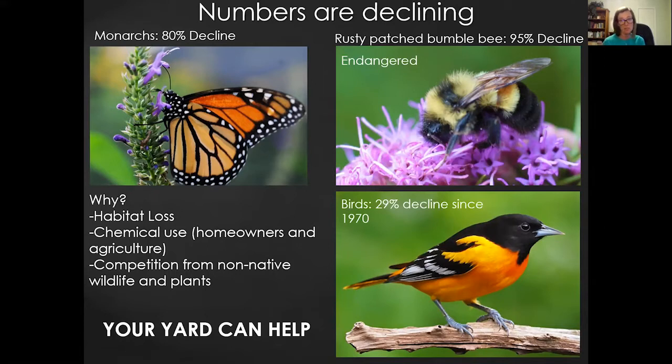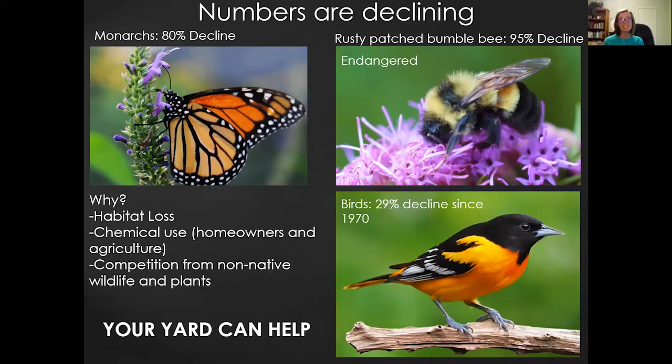There's a lot of neighborhoods around. There's a lot of agricultural fields around. Chemical use. So that's inordinate, inappropriate use of too much chemicals. And competition from non-native wildlife and plants.